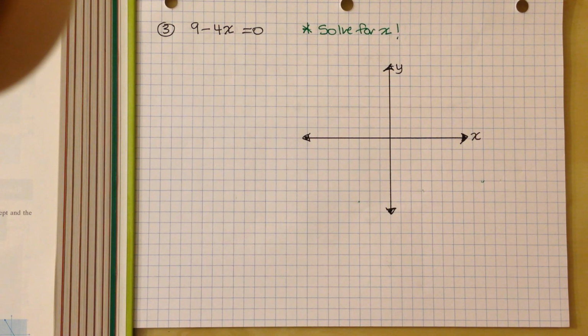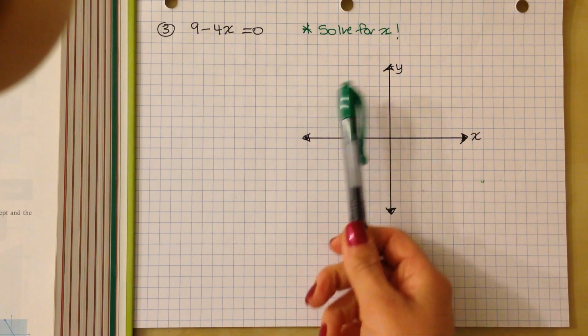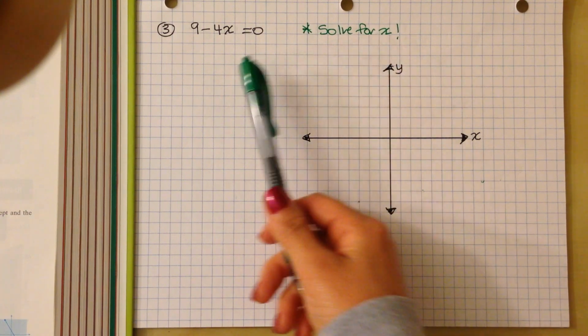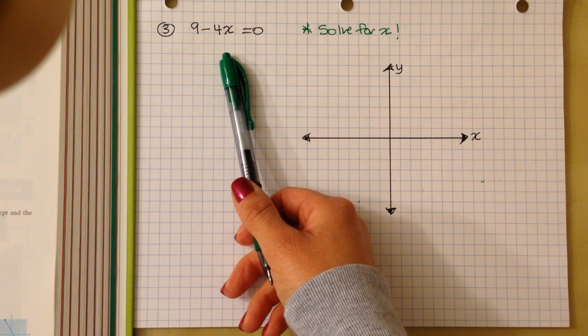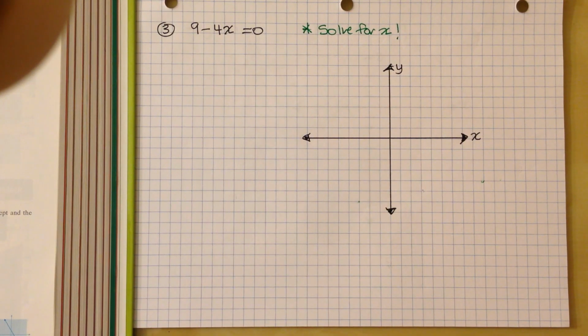So if you have an equation that only contains x or only contains y, then you will have either a vertical line or a horizontal line. So the first thing that you want to do in this case is solve for x. X is the only variable we have, so we're going to solve for x. Once we solve for x, then we can see how to graph. I will show you how to graph.